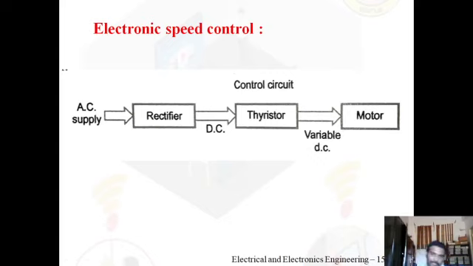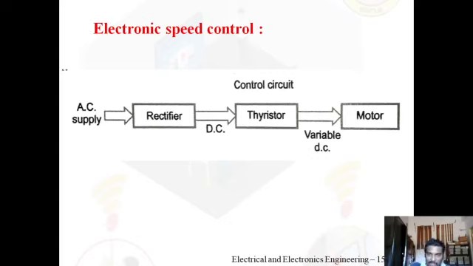That means here the speed of the motor is controlled with the help of electronic devices such as thyristor and rectifier. Earlier, the speed of the motor was controlled electrically, with the help of the flux control method and the armature control method.